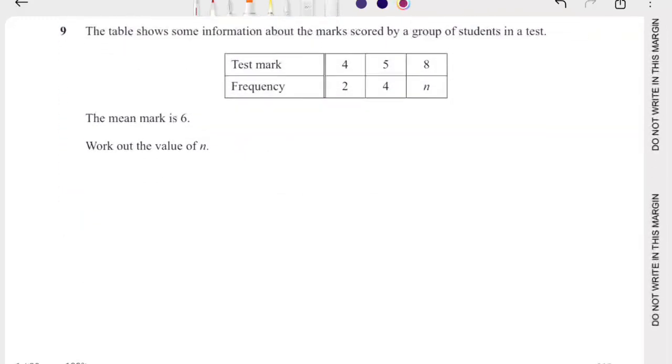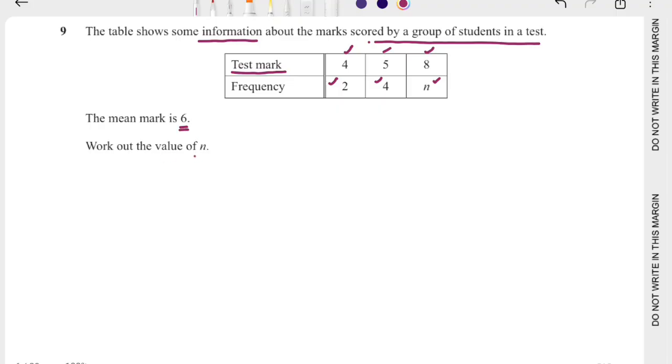Question number 9. The table shows some information about the marks scored by a group of students in a test. Test marks are given 4, 5, 8 and frequencies are given 2, 4 and n. The mean mark is 6.